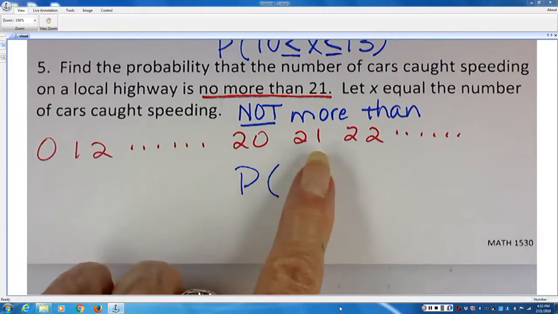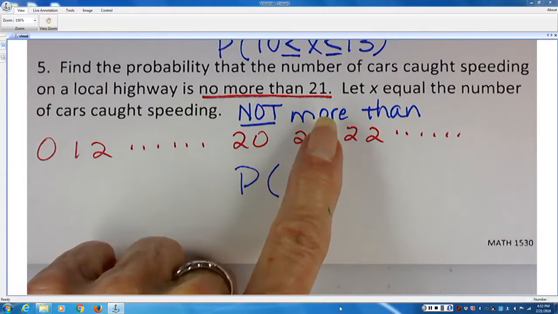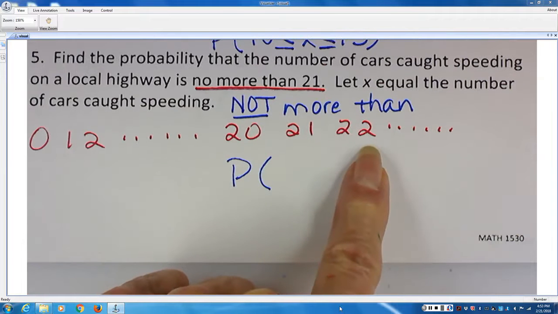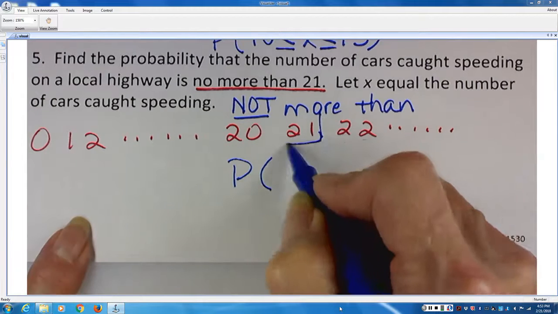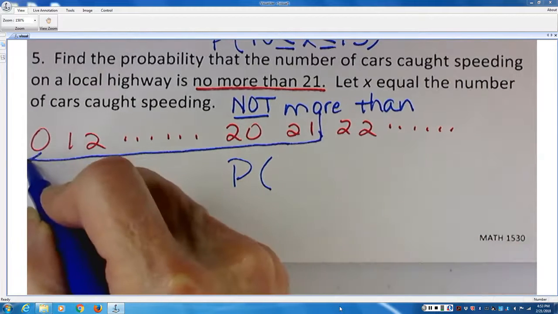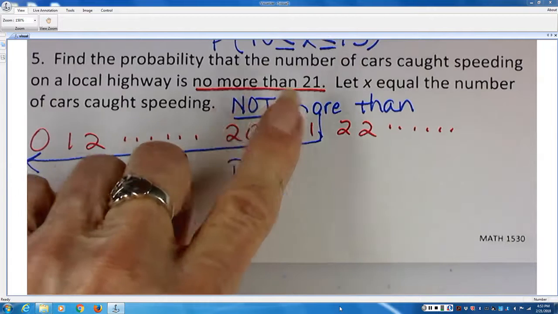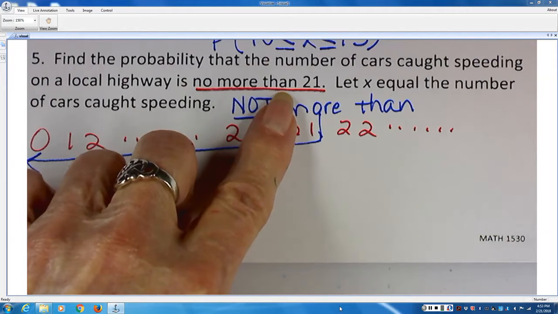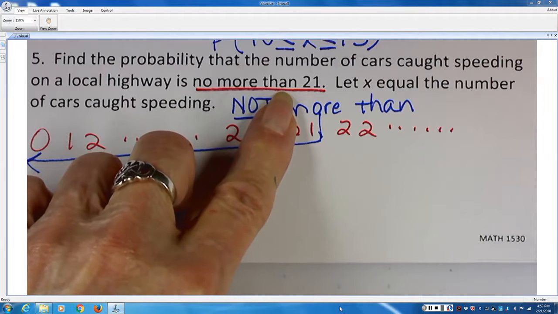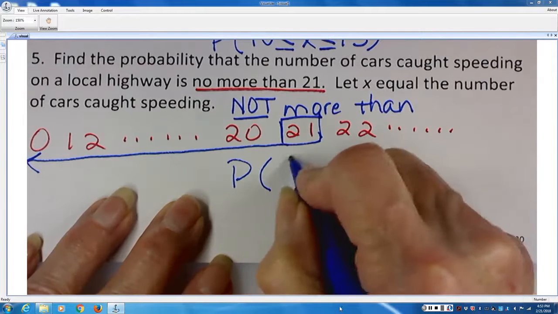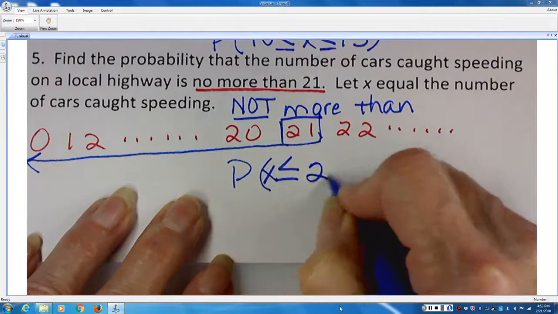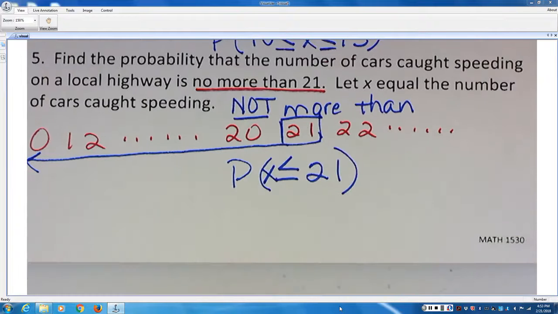If it's not more than 21, can it be 22? No, because 22 is more than 21. So it has to go the other way. Is 21 okay? Yeah, because 21 is the same as 21. It's not more than 21, it is 21.